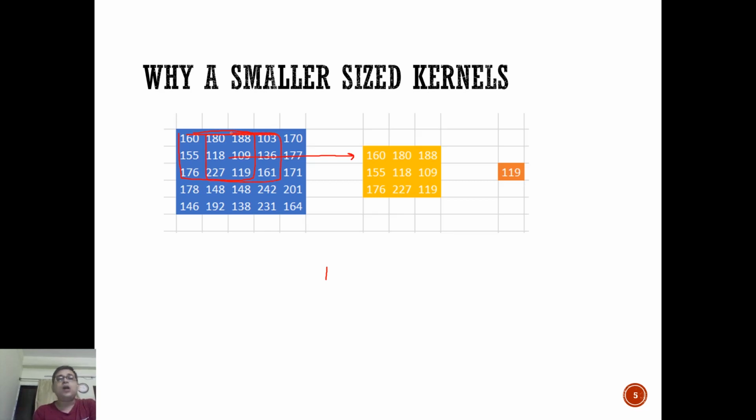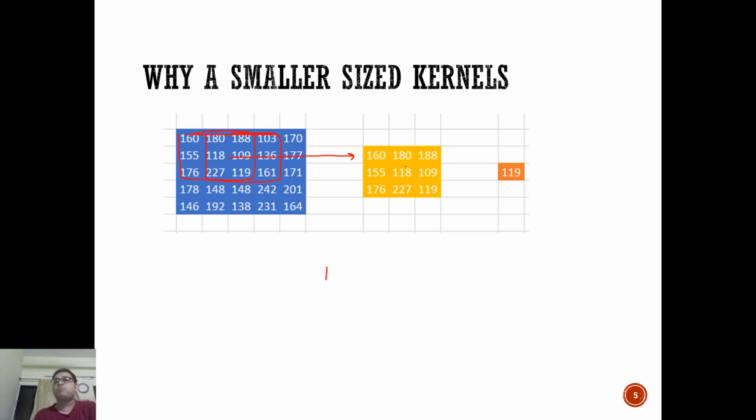So my output size will become 3 into 3. Now again, if I apply a 3 into 3 convolution on that, what we are trying to explain is that when we stack two 3 into 3 convolutions, we get a single number, because this is the same size as the 3 by 3 kernel.